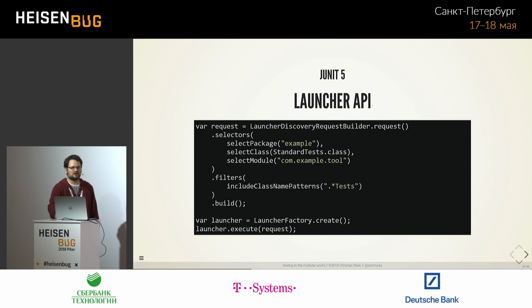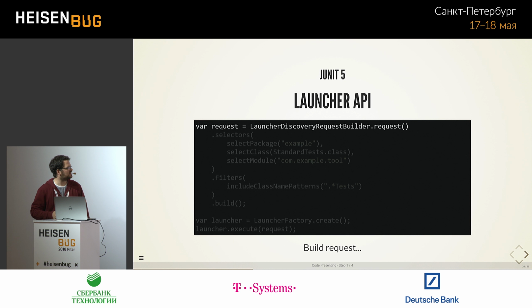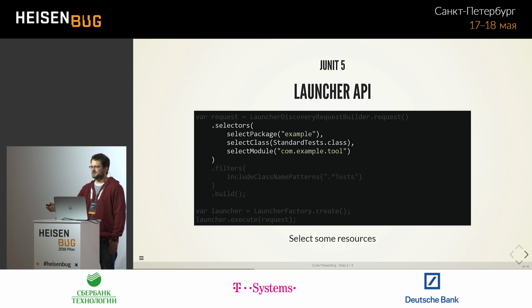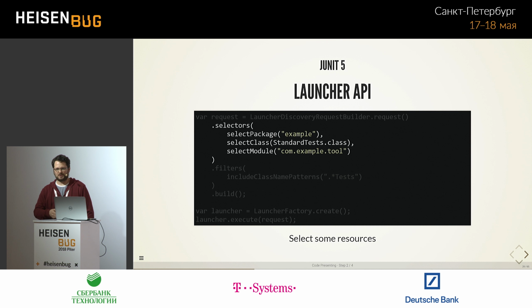This is how we feed test engines with the assets, what to look for, and you can build a request builder and then say, I want to execute all tests in a package. We are on the JVM, so package is a common asset there. You can select a single class or a module. You can say here's a directory, or whatever you can think of as common sources.